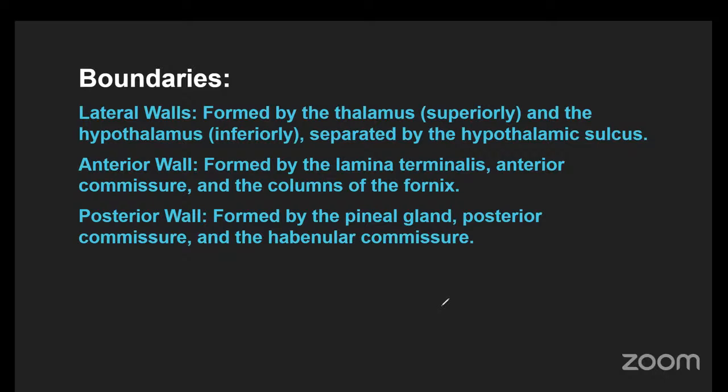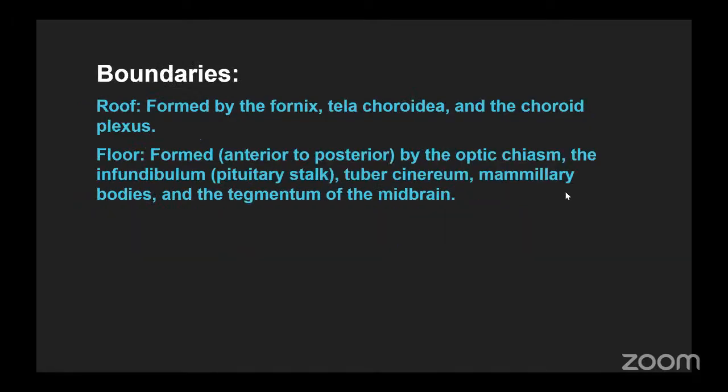Let me change the slide. We have two other structures, the roof and the floor. The roof we just discussed. We have the fornix, two fornices in fact. We have the tela choroidea and the choroid plexus.